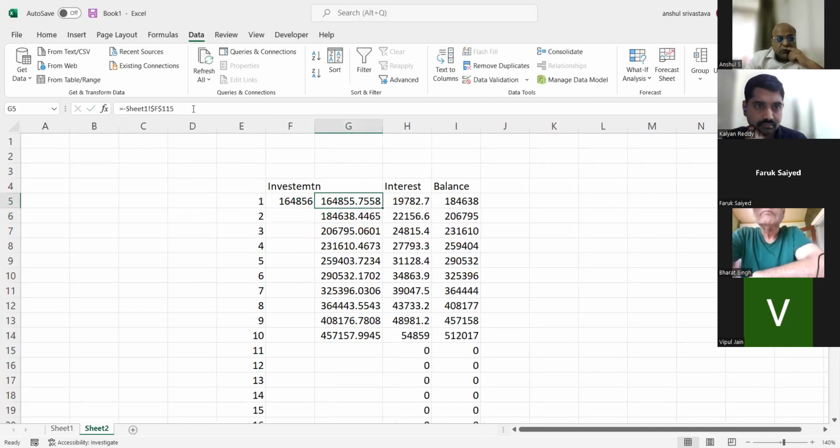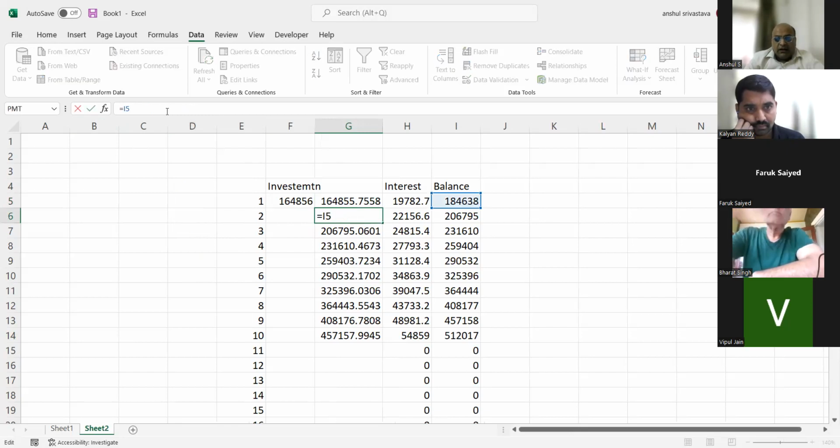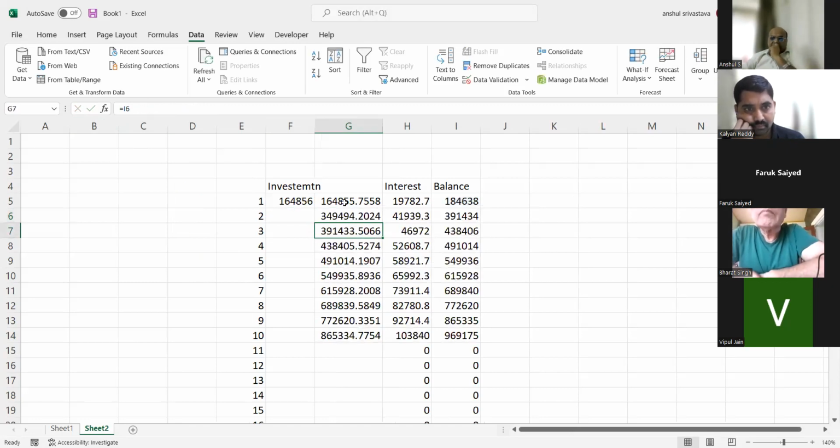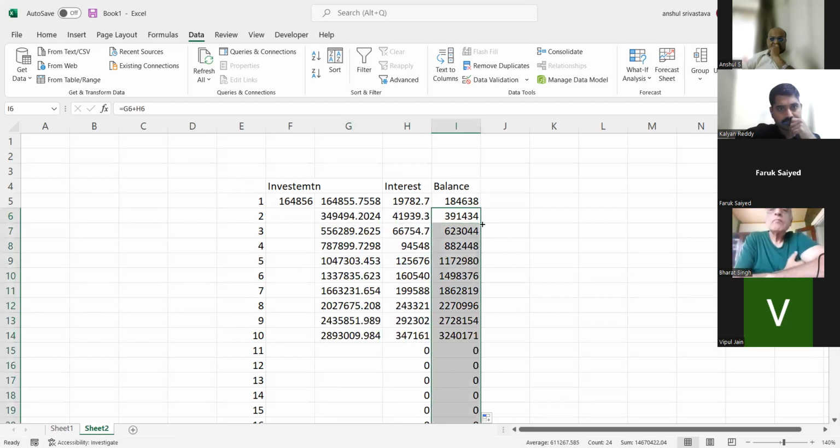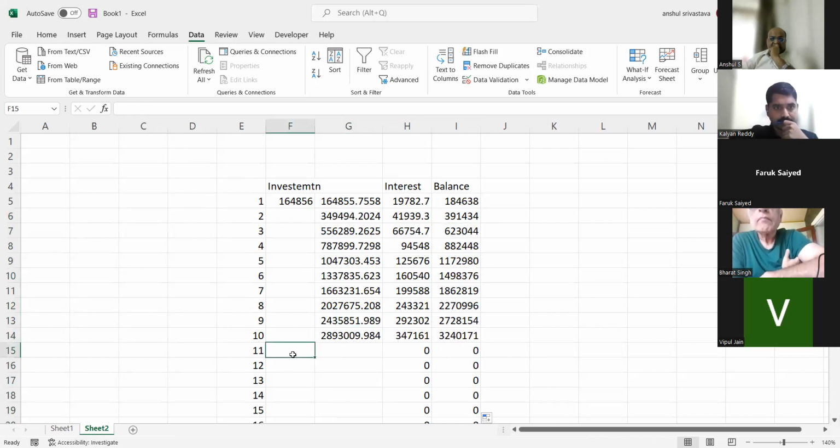So next year it will be balance plus this amount. Every year this amount will be added, no? Yes, sir. Now this is correct, no? 32,40,171. Now from this year there is a withdrawal of 1,80,000.